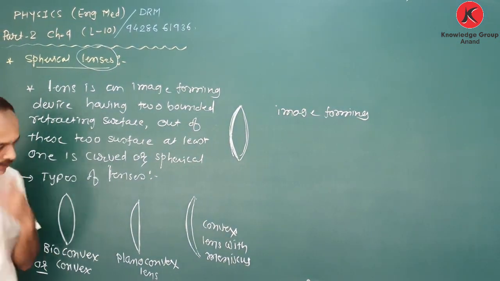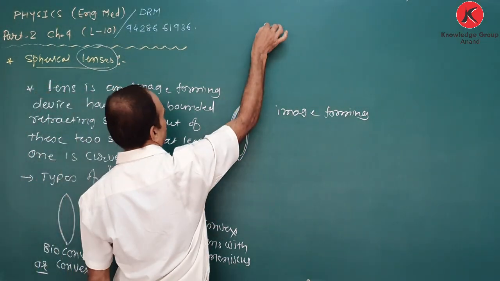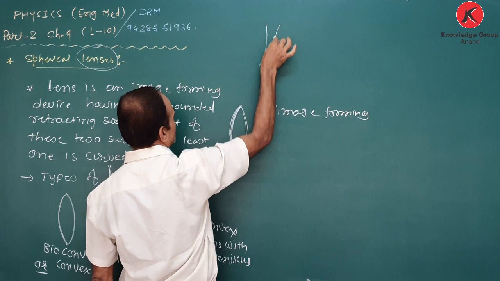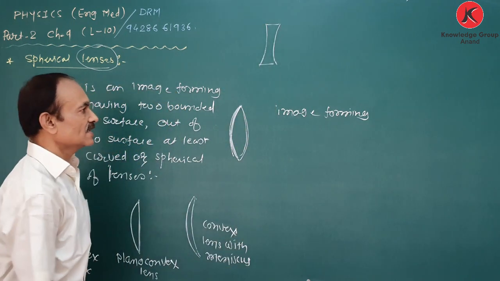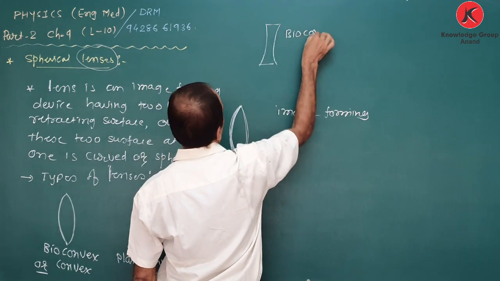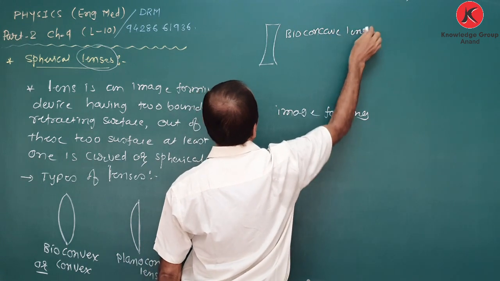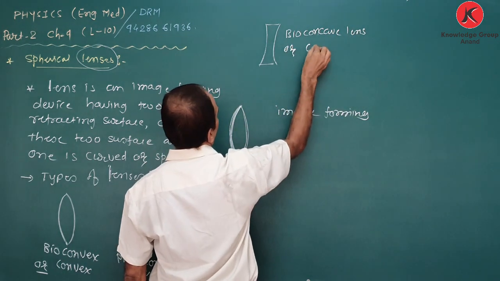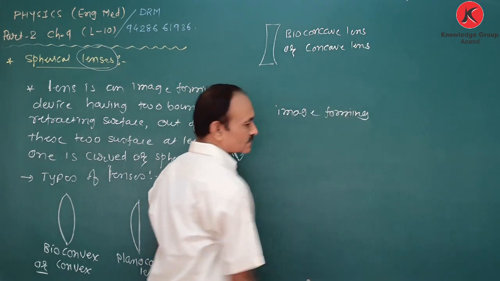After that, one more type of lens is where both surfaces are curved inward like this. So that is the biconcave lens, or concave lens.